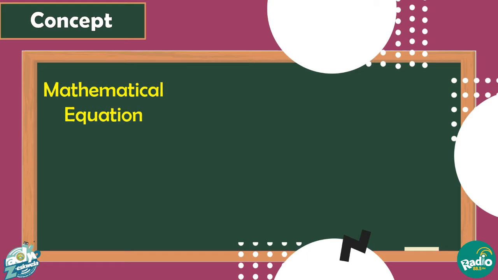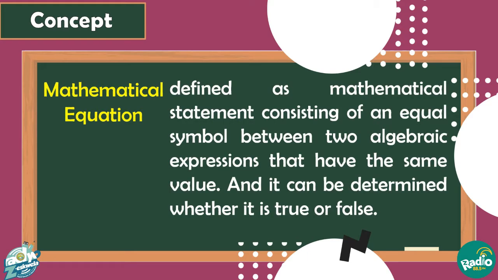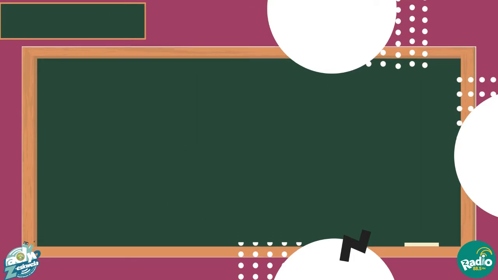On the other hand, a mathematical equation is defined as a mathematical statement consisting of an equal symbol between two algebraic expressions that have the same value. And take note, it can be determined whether it is true or false. To illustrate, let's say x + 2 = 4.